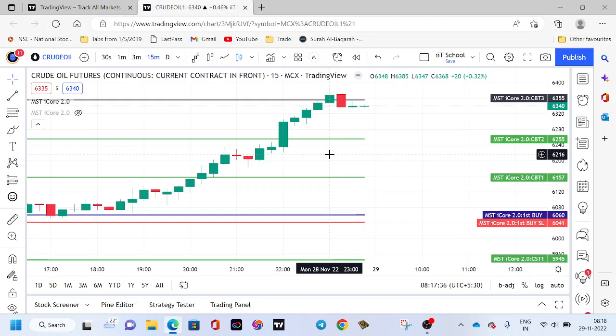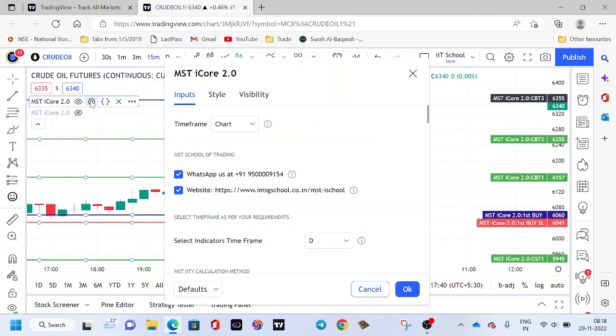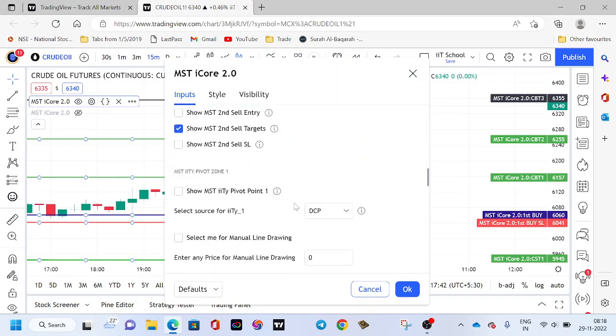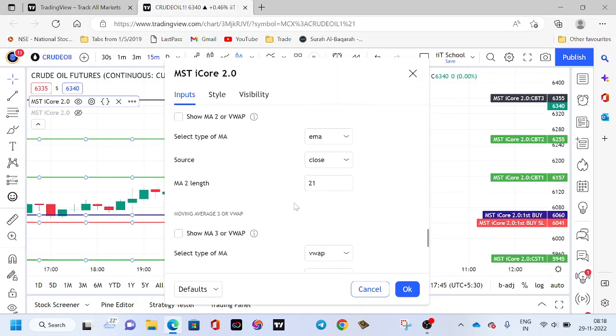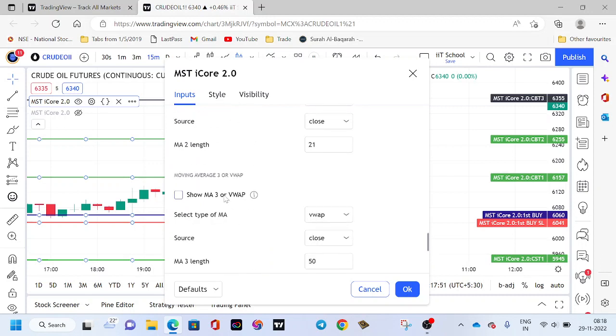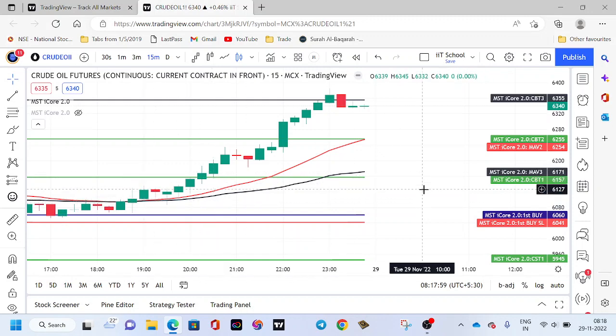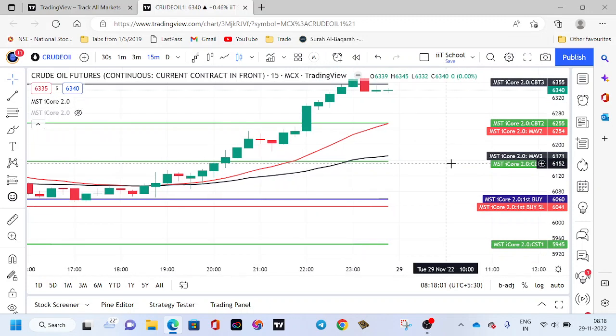Now how to catch the entire momentum? The first technique: come down. Here we have given some moving averages, 21 and 50. Unless the candles close below these two lines, you can stay in a buy entry.